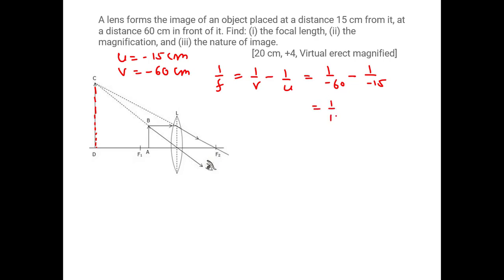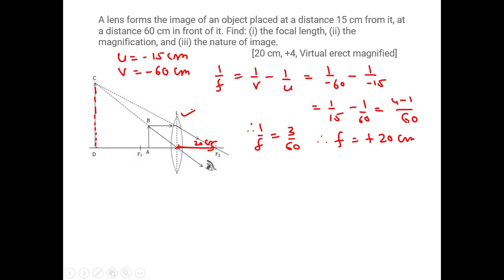So that will give me 1 upon 15 minus 1 upon 60. 60 LCM, 4 minus 1. So 1 upon f will be 3 upon 60, and that will give me f is equal to plus 20 centimeter. So the focal length is 20 centimeter and it is positive because it's a convex lens.